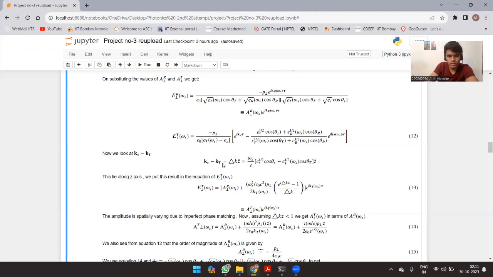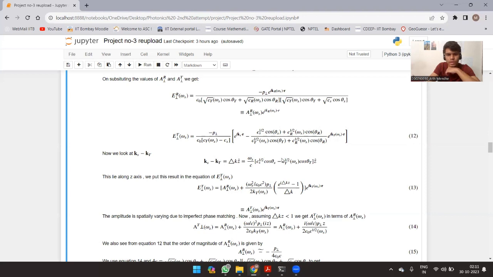Now, we put that in the equation of ET, the transmitted electric field, and we take out this part. We take out the e to the power i kt of omega s dot r, right?